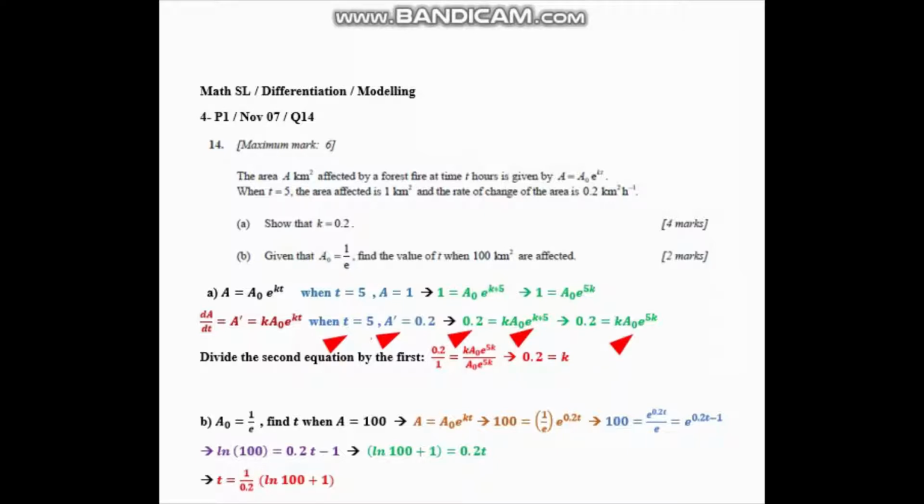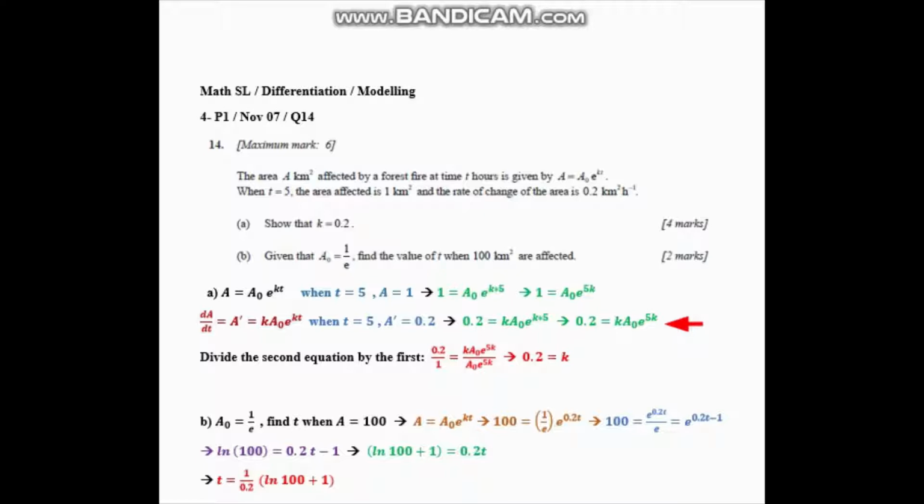And now I have two equations, both in two unknowns, which are A naught and k. So in order to solve for k, I shall simply divide the two equations by each other. I would rather divide the second by the first, but both techniques would work. If you divide the first by the second, that would work as well. Anyway, I've chosen to use this equation in the numerator.